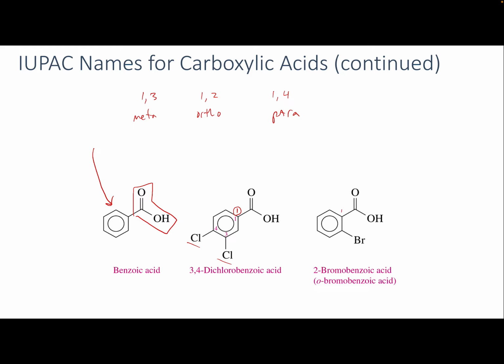So here, the number 1 carbon for the carboxyl group and the number 2 carbon for the bromo means we have an ortho situation. So instead of saying 2-bromobenzoic acid, we could say ortho-bromobenzoic acid.